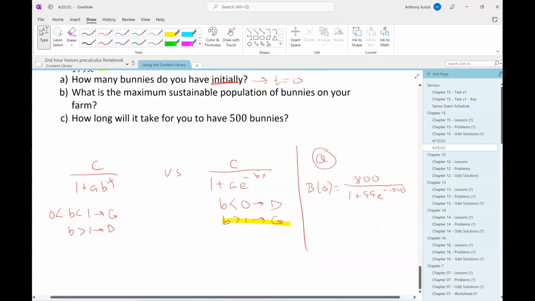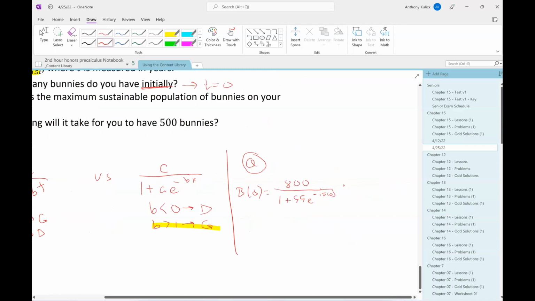Negative 0.5 times 0 is 0. E to the 0 is 1. 99 times 1 is 99. 1 plus 99 is 100. 800 divided by 100 is 8. Or you could type that into your calculator if you didn't want to do mental math. We had 8 bunnies to start. 8 little bunnies. Everybody cool with that?